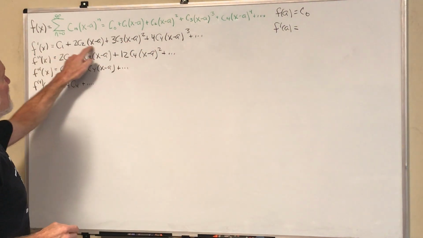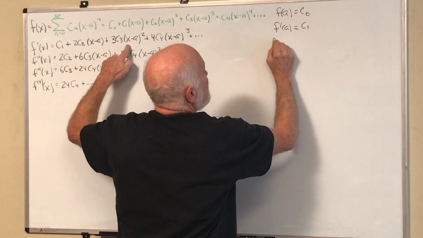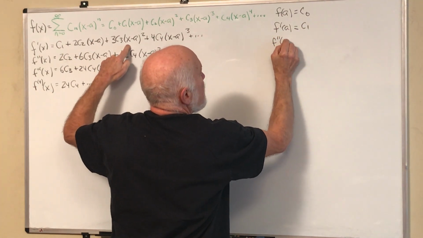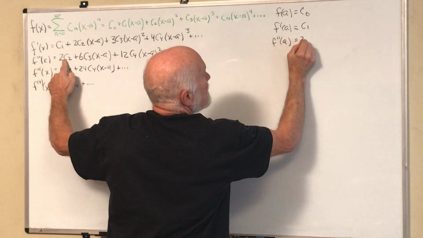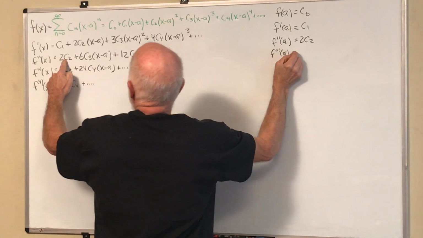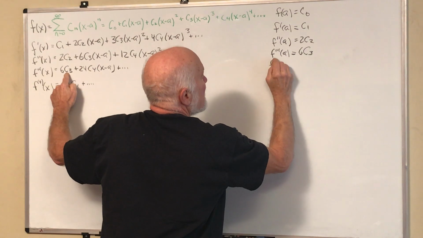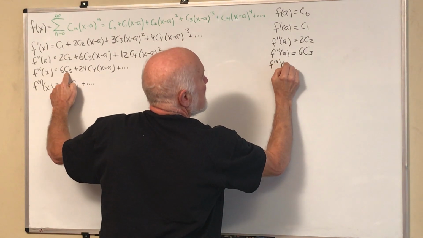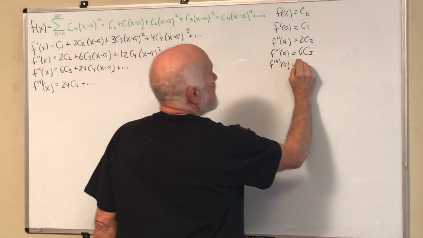C1, plus everything wipes out. f double prime of a gives us 2C2. f triple prime of a gives us 6C3. And the fourth derivative at a gives us 24C4.